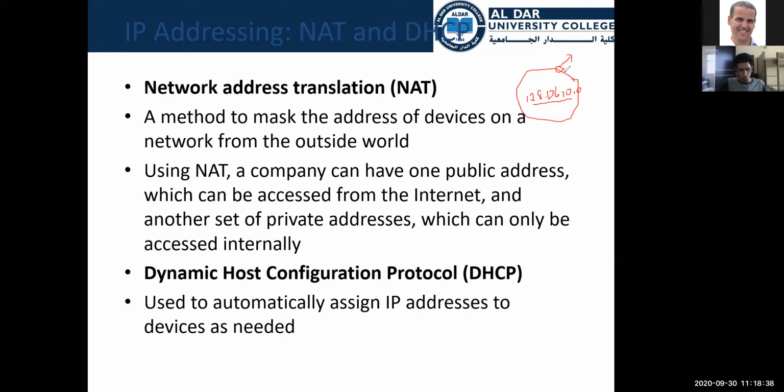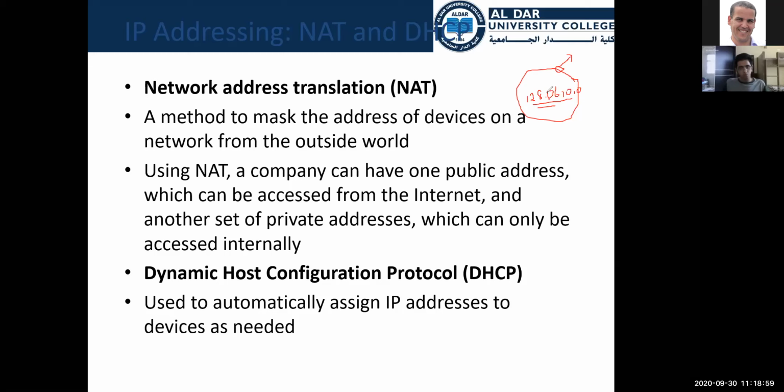This public IP is used to surf the internet for the internal employees. All devices inside the network see only one public IP, and they can surf the internet using it.